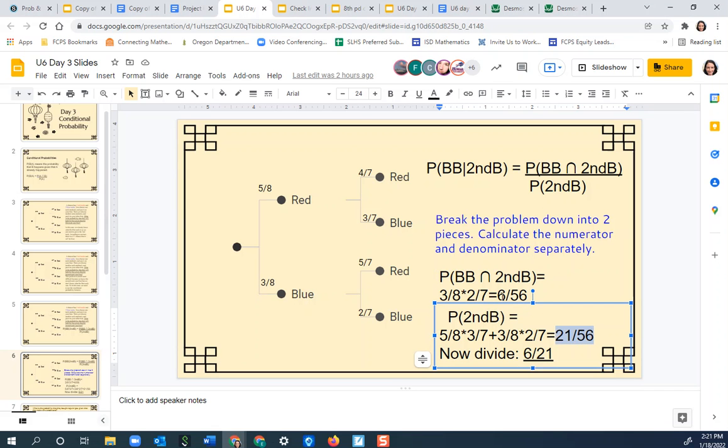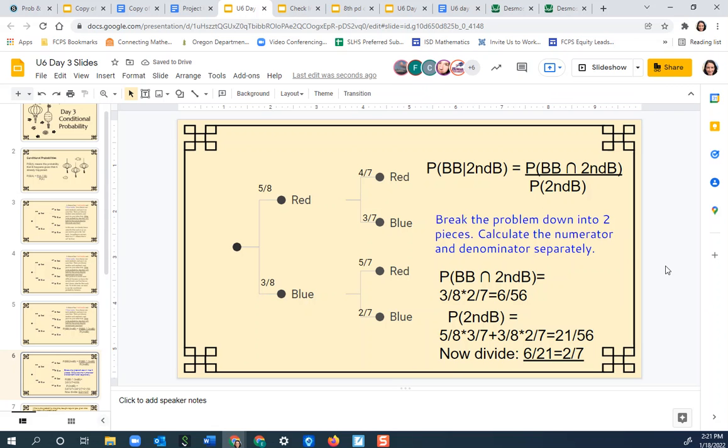And so if I have 6/56 divided by 21/56, those 56s cancel, and I get 6/21. That does simplify though, doesn't it? What do we get when we simplify it? Two over 7, good.